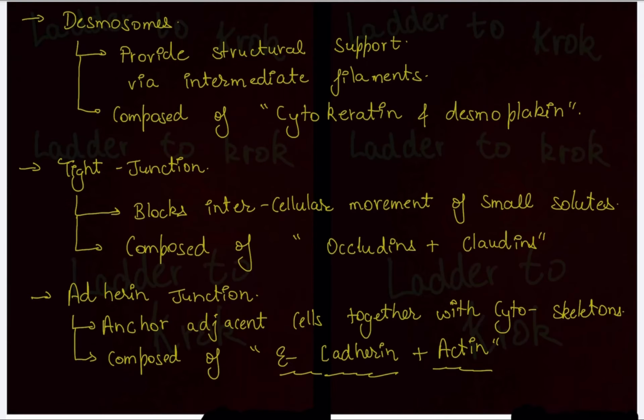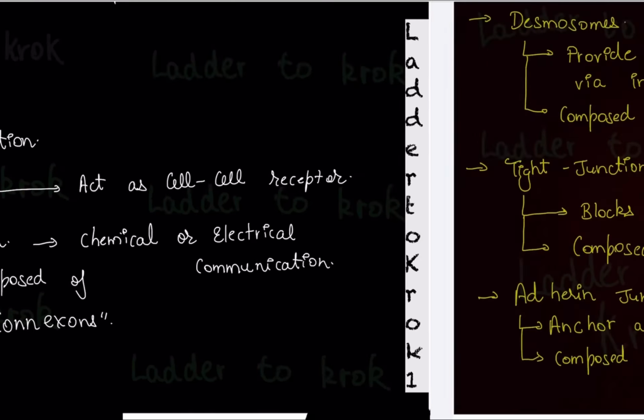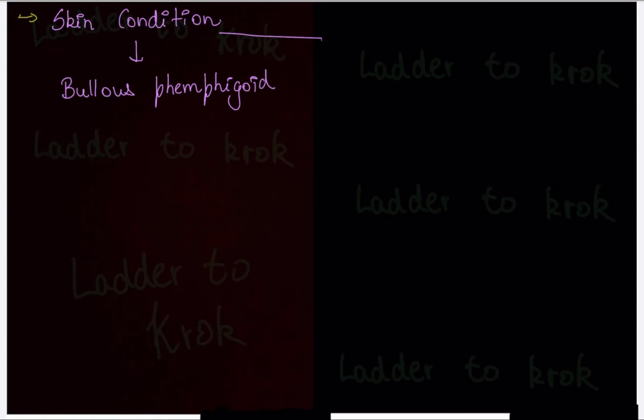Now there are some skin conditions that are related to these cell junctions, like cell to cell connections. Just write skin conditions. The first one is bullous pemphigoid, and the other one is pemphigus vulgaris.